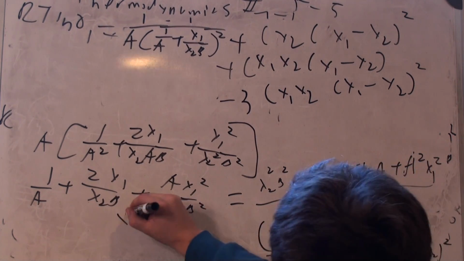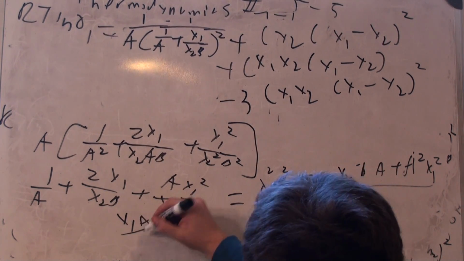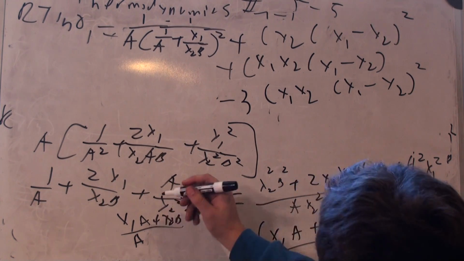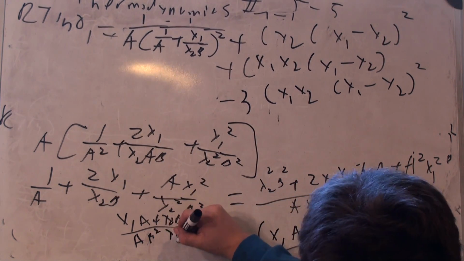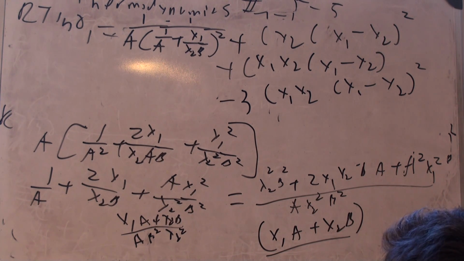So I have x1 a plus x2 b all over a b squared x2 squared. So I guess that's how it would simplify, and then of course there would be the inverse of that.